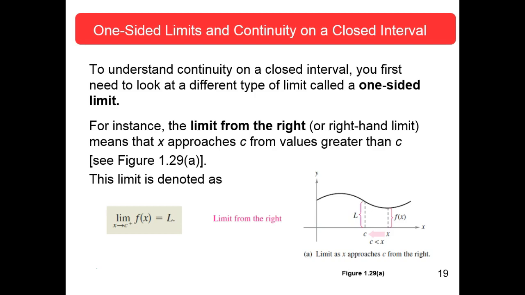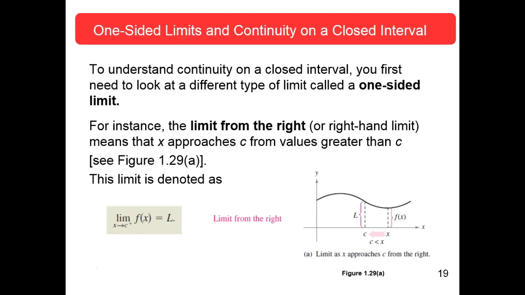So as x approaches c from the right-hand side, right here, from the positive side, your f of x is approaching this value L. Yeah, we can see that. That's a nice, smooth, continuous function. So yeah, that's going to be true.